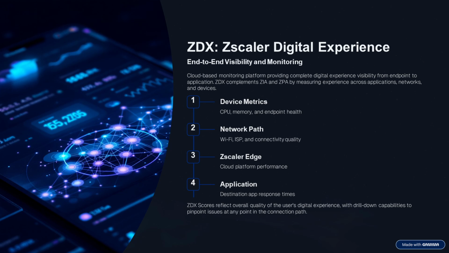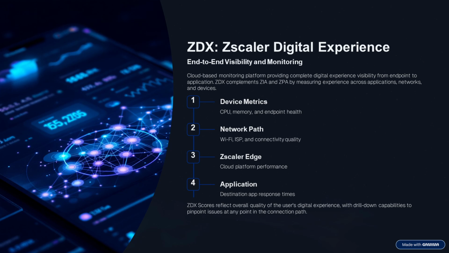Let's wrap up. Zscaler for Users is built around three complementary services that together address the full scope of what end users need in a modern, distributed work environment. ZIA secures their internet and SaaS access with comprehensive inspection and threat prevention. ZPA gives them seamless, secure access to private applications without ever putting them on the network.